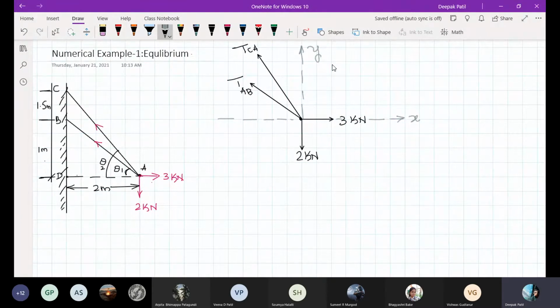This angle they have given as theta 2, and this angle they have given as theta 1. Now, how can you find theta 1 and theta 2? It is a very simple thing.